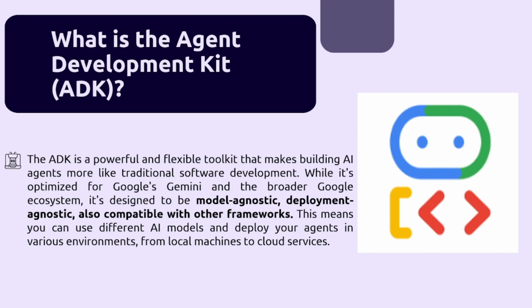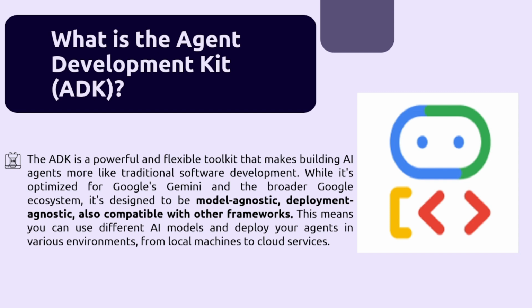With respect to Google ADK, modular usually means it has a core agent module that handles the agent's basic lifecycle, or it may have connector modules that integrate with APIs, databases, or other services. And it may have tool modules which add capabilities like search, summarization, and code execution. While ADK is optimized for Google Gemini models, it's designed to be model agnostic, which means that you can use ADK with other large language models as well.